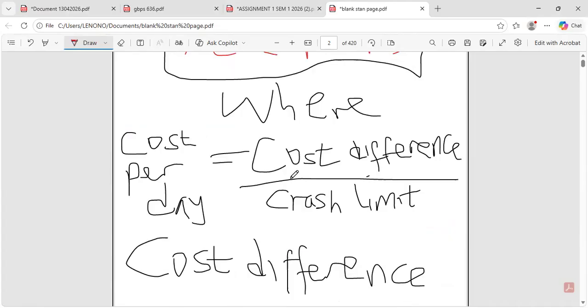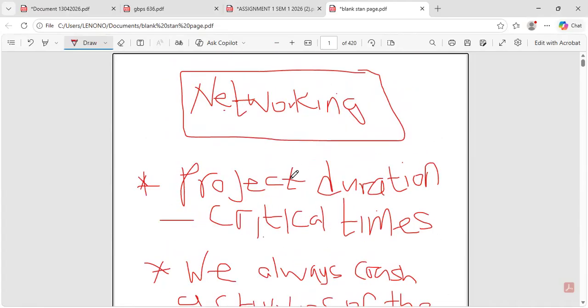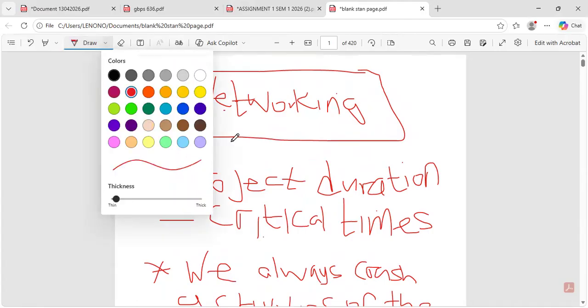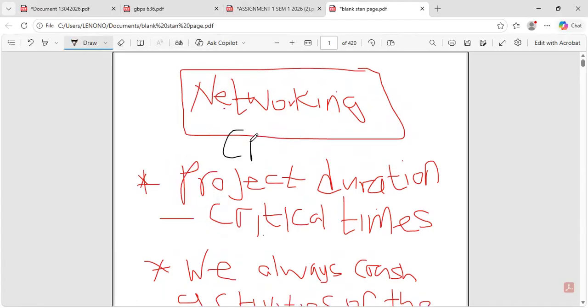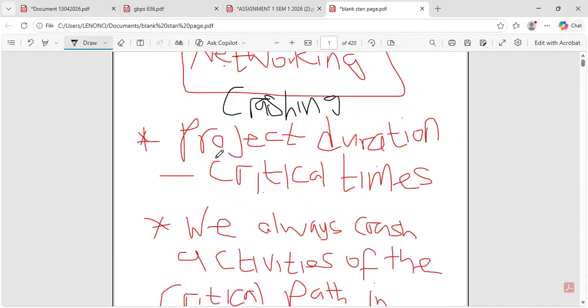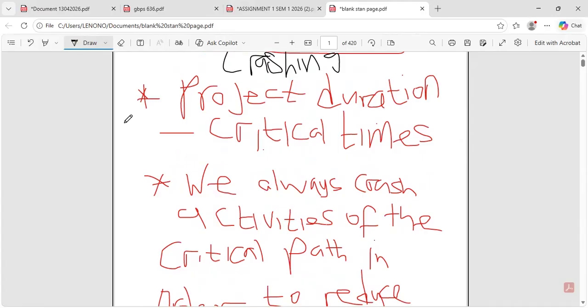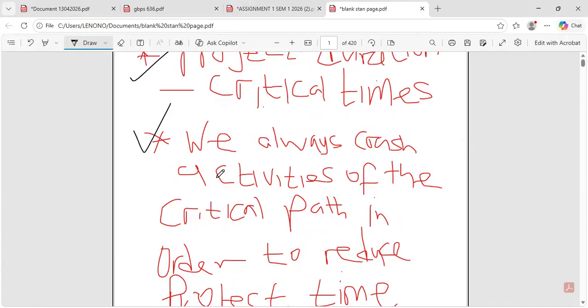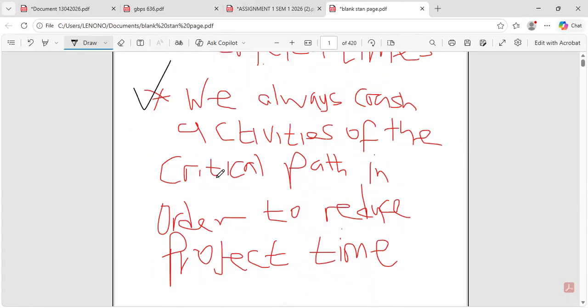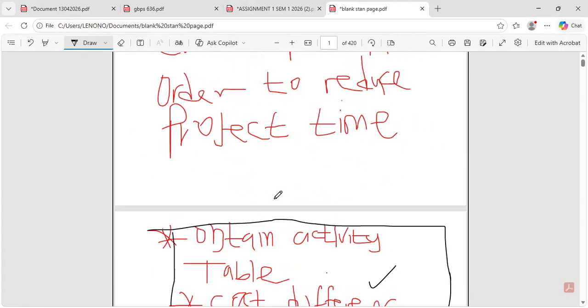Okay, so this is what networking and project crashing is all about. Project network crashing: you look at the project duration or critical times. We always crash. So this is number one. Number two, we always crash activities of the critical path in order to reduce project completion time.